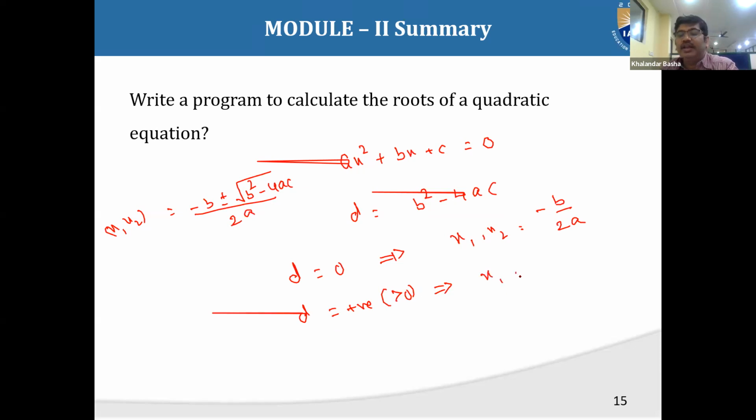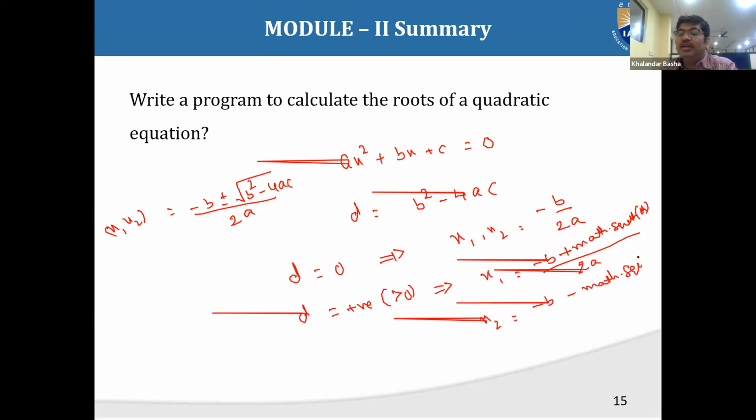Those roots are x1 equals minus b, since we already calculated b square minus 4ac as d, plus math.sqrt of d, divided by 2a. Similarly, x2 equals minus b minus math.sqrt of d, divided by 2a. This is valid when d is positive.